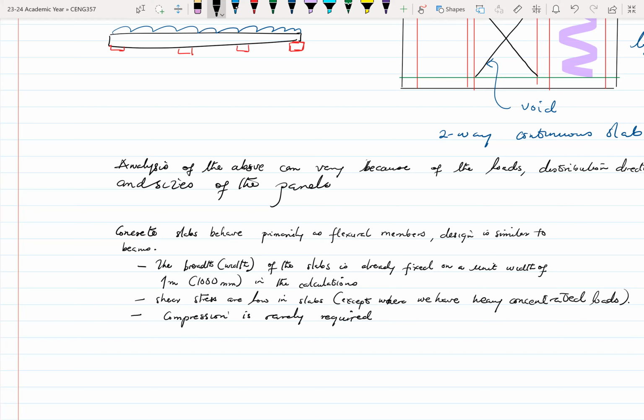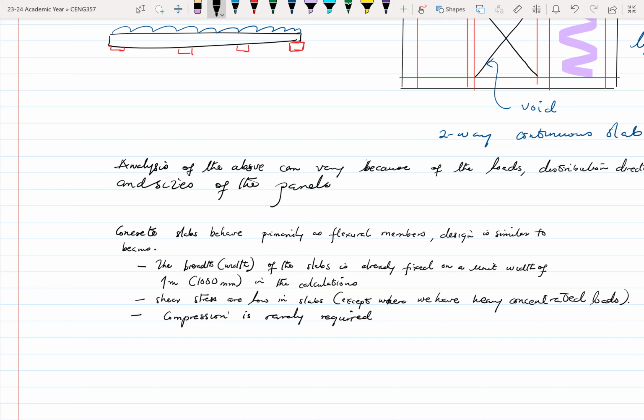So because of that, slab design is a much more straightforward process as compared to that of beams, right? Because most of the time you have a fixed width. You have the case whereby shear stresses are very low. Because you have very low shear stresses, you likely will not do shear design, except where you have very heavy concentrated loads.